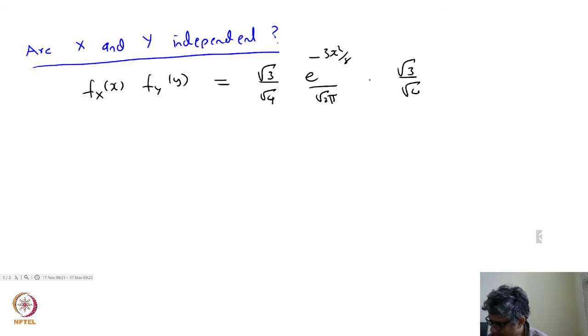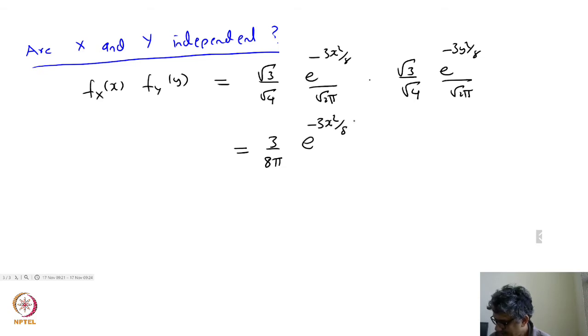You multiply the whole thing out. What do you get? You get 3 over 8 pi, and e to the minus 3x squared by 8 minus 3y squared by 8.